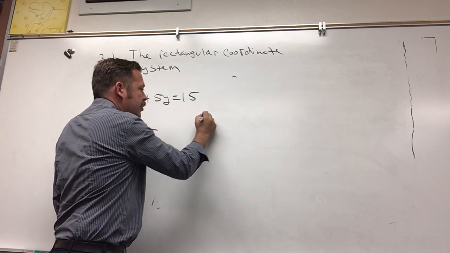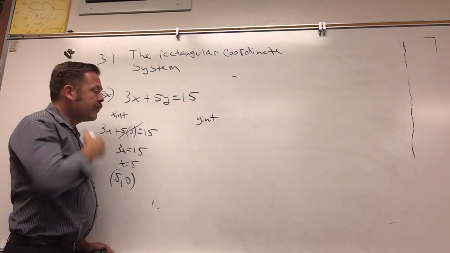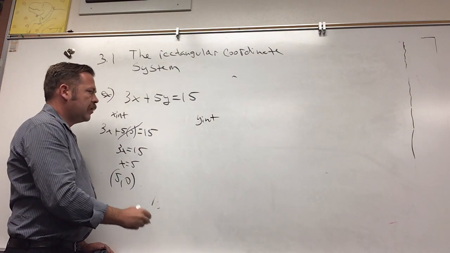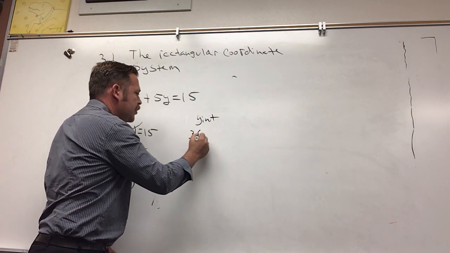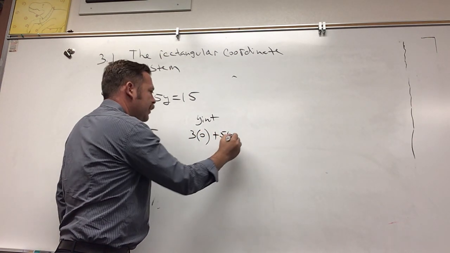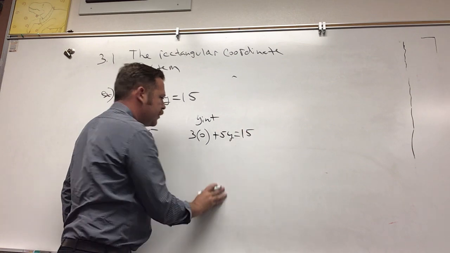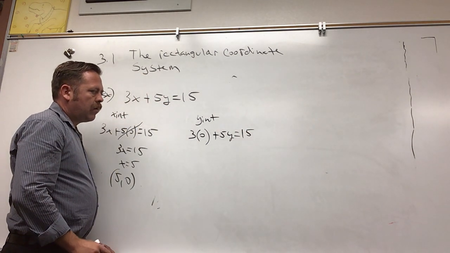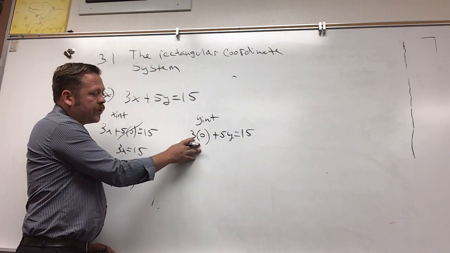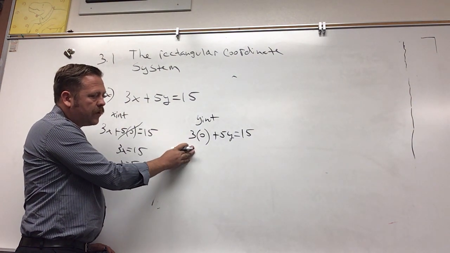Now the y-intercept. For the y-intercept, we're going to replace x with 0. So that would be 3 times 0 + 5y = 15, okay? Again, standard form makes one of the terms go away completely, so it's super easy to solve.